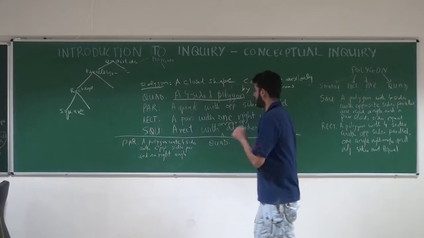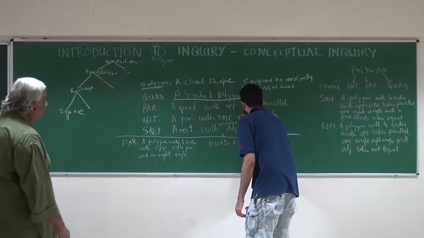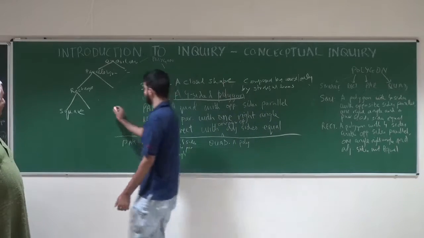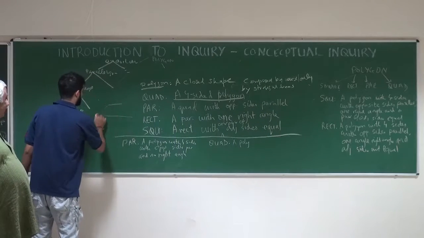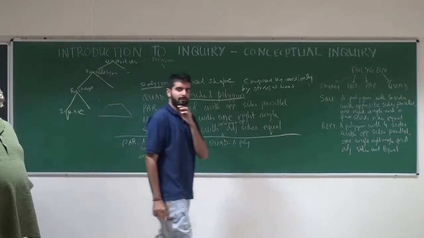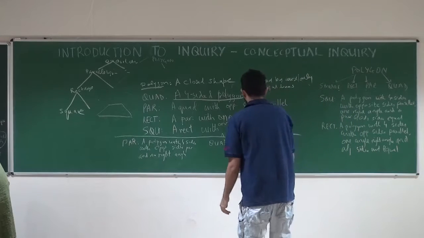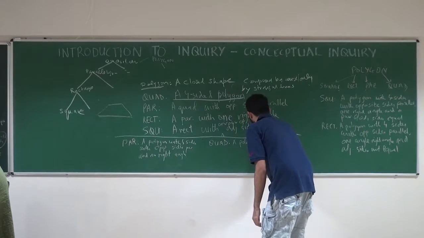Quadrilateral is a polygon with 4 sides, with opposite sides not parallel. No, sorry, quadrilateral. Opposite sides are parallel. So you have to say at least one pair of opposite sides not parallel. Okay. That should work.